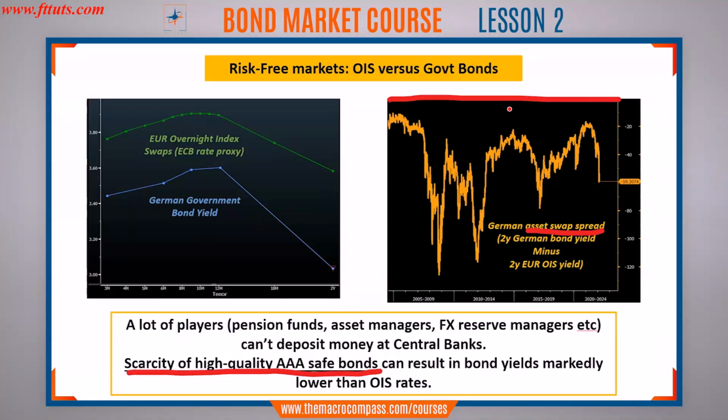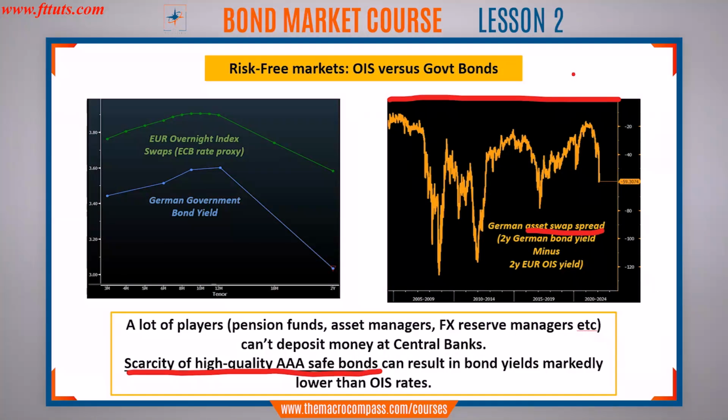To make you understand the level of scarcity in Europe, the only AAA liquid bond market is basically the German market. There is the Dutch market, but it's pretty small, and then we have the European Union bond market, which is just newly born and didn't even exist for most of this time period.